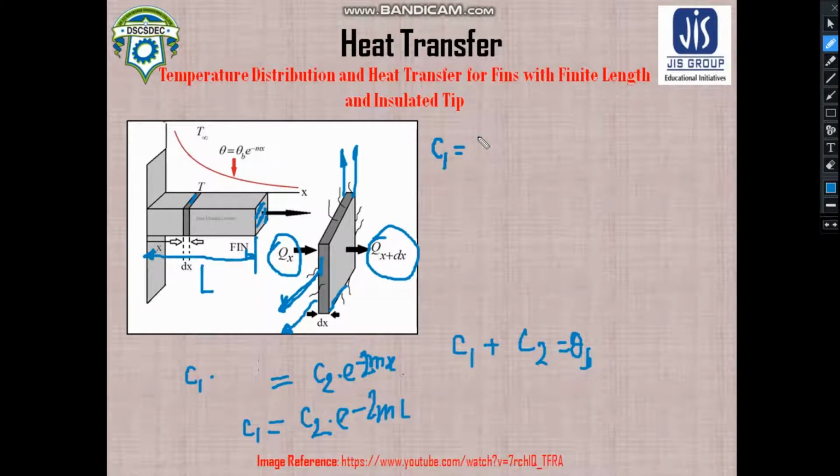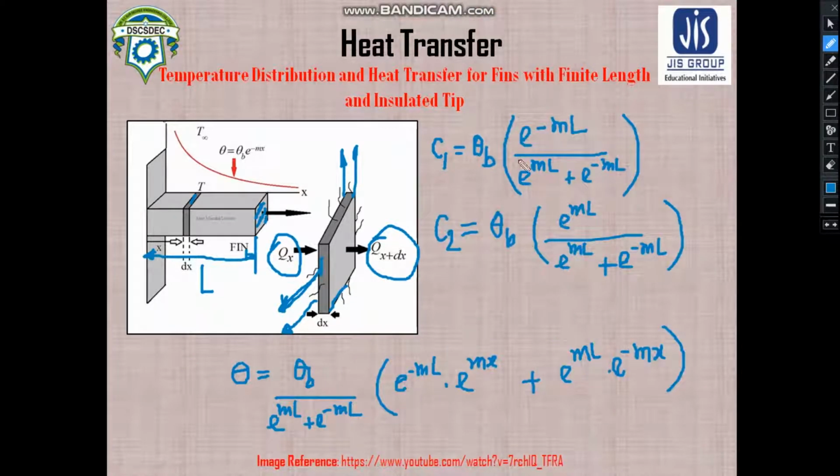Okay, so I will just write the terms here. After doing the relevant calculations, you will find that C1 would become theta b into e to the power minus mL divided by e to the power mL plus e to the power minus mL, whereas C2 will be like this.